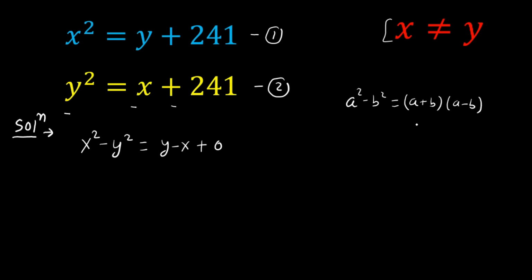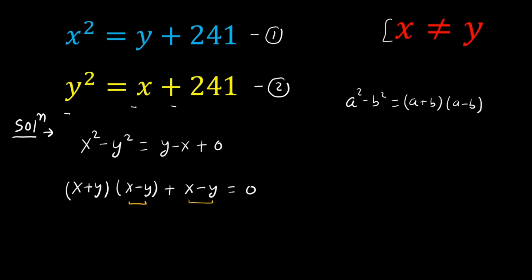So x² minus y² is (x plus y) multiplied by (x minus y). Taking the negative x to the left-hand side it becomes positive x, and taking the positive x to the left-hand side it becomes negative x, and this equals 0.